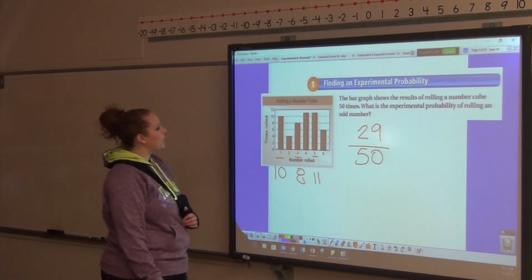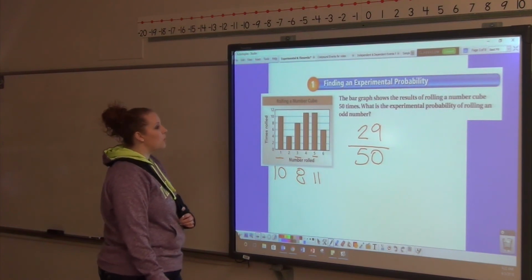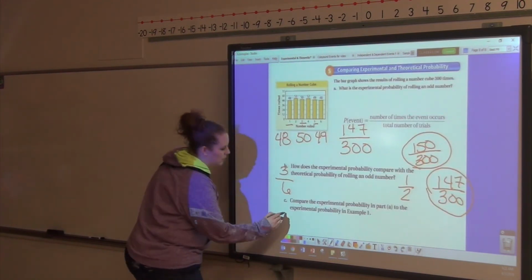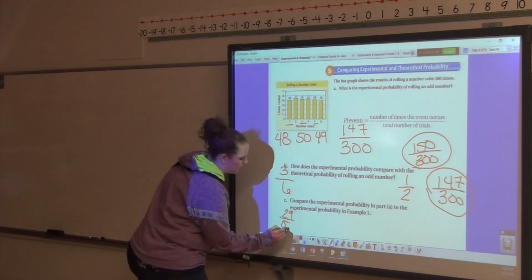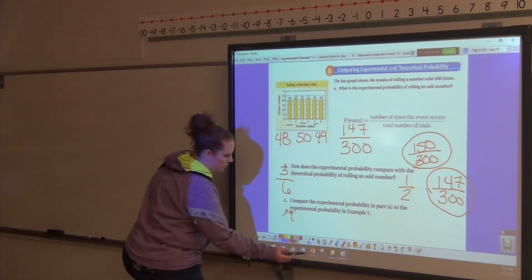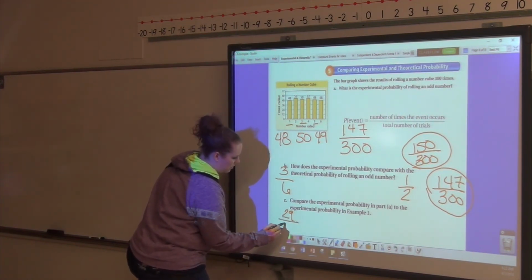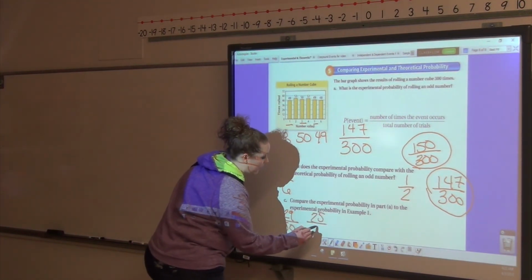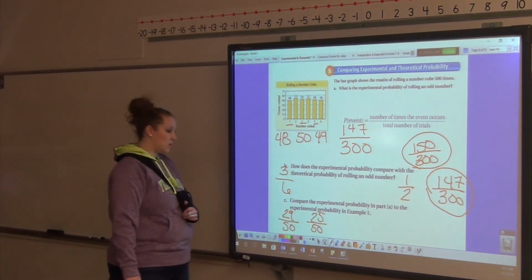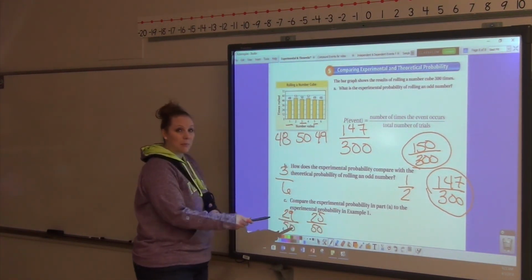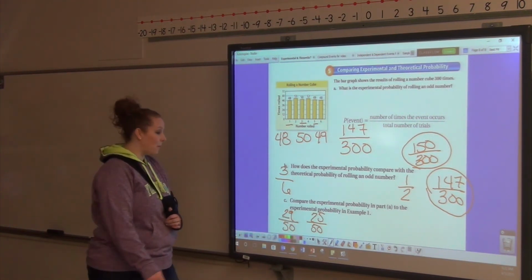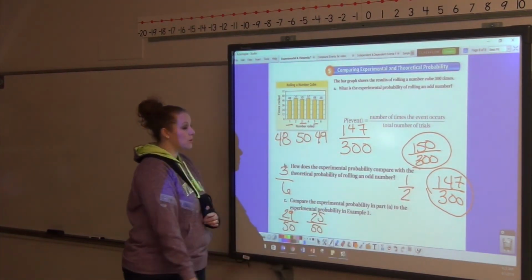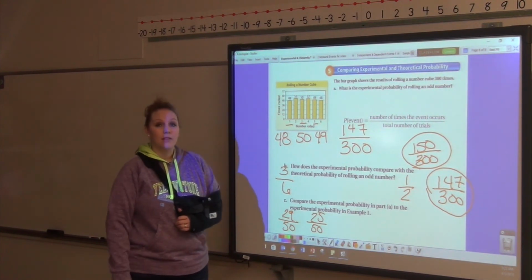Example 1 was the bar graph where we rolled an odd number 29 out of 50 times. 1/2 of 50 is 25, so theoretically it should be 25, but it is 29. So my experimental probability is greater than my theoretical probability. But once again, they're fairly close, not as close as the other one, but pretty close. And that is experimental and theoretical probability.